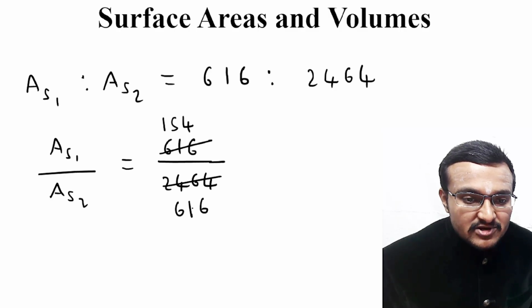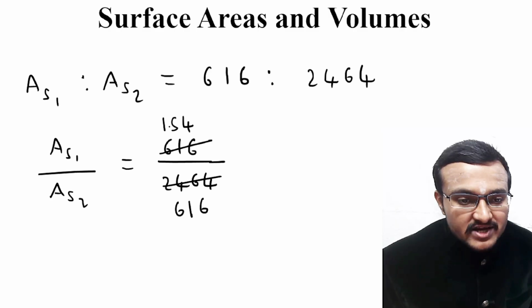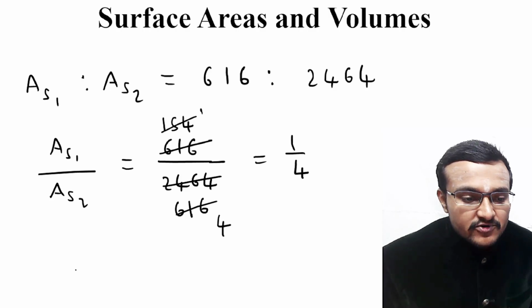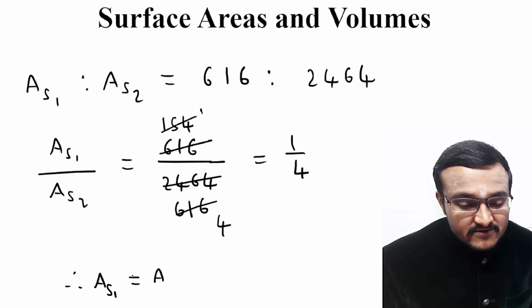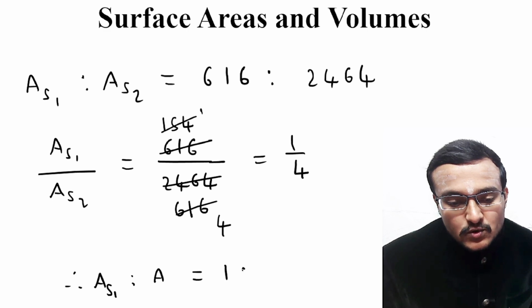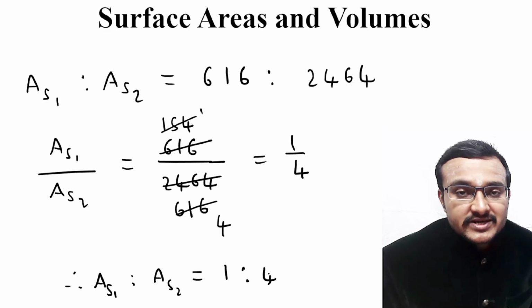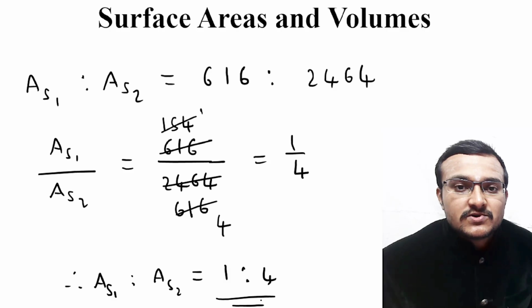If this is a multiple of 616, then this will be a multiple of 154 as well. 154 ones are 154, 154 fours are 616. That is 1 by 4. Therefore, the ratio of the surface areas of the same balloon in two different cases will be equal to 1:4. So AS1:AS2 is equal to 1:4.